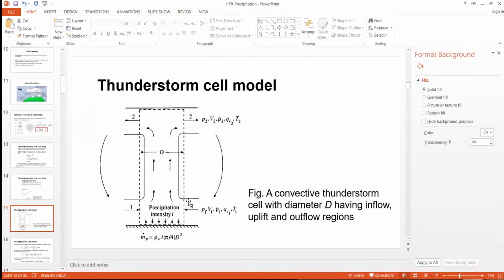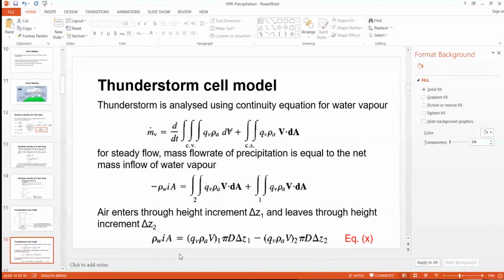So the height of region 1 is Δz1 and the height of region 2 is Δz2. The same equation: the net water vapor coming into the control volume minus the mass flow rate leaving the control volume is equal to the mass flow rate of rainfall.